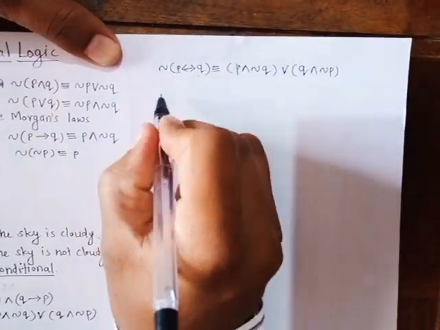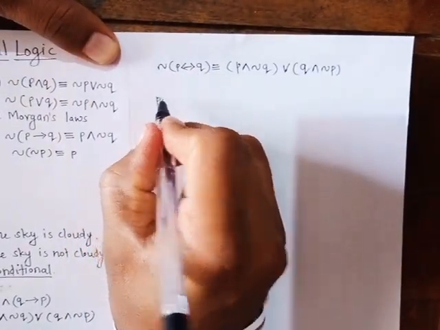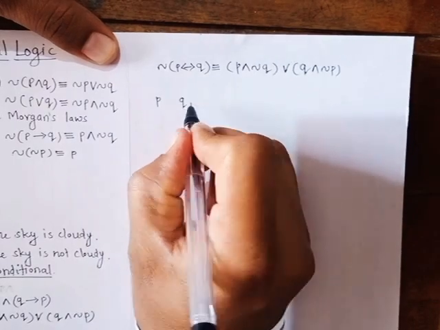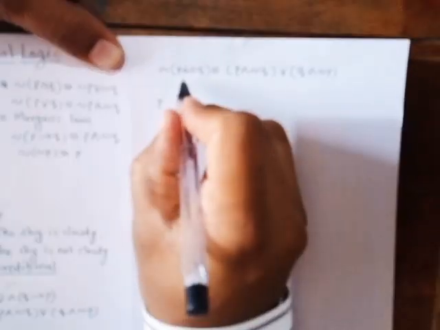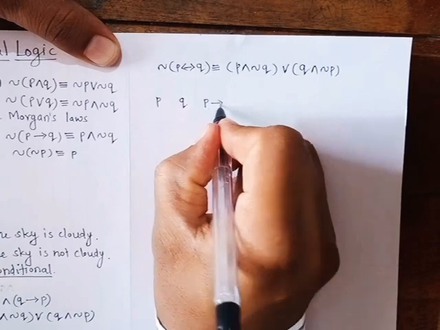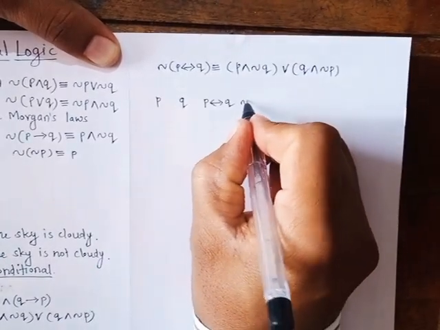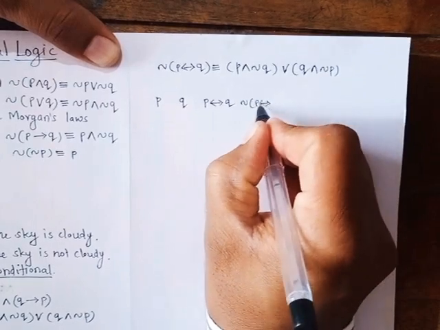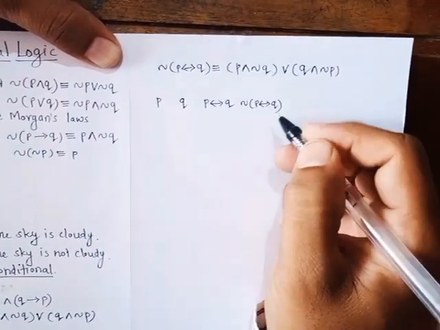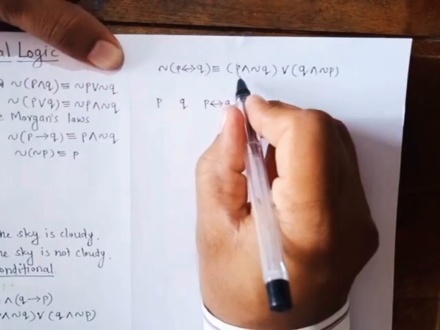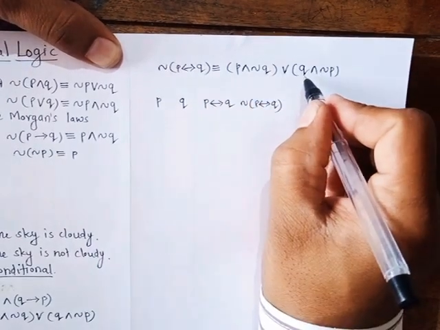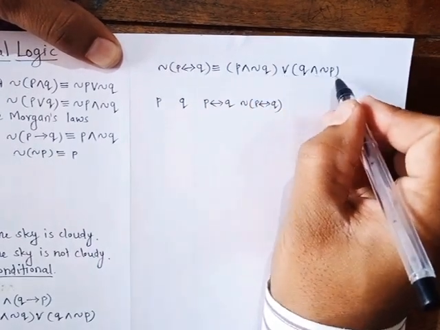So here we have only two statements, so there are four rows. What is LHS? P if and only if Q and its negation, so negation of P if and only if Q. Now what is RHS? P and negation Q or Q and negation P.